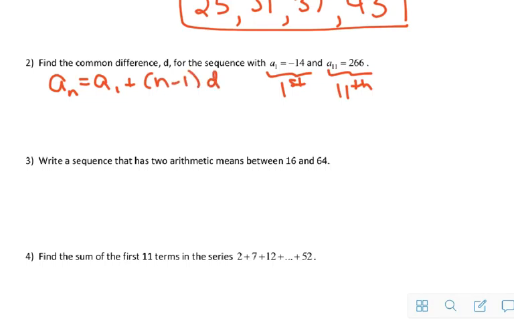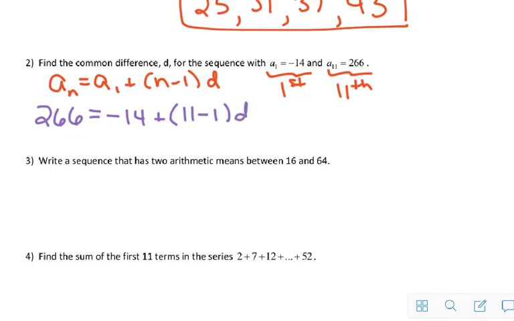I know everything to plug into this formula except for d. A sub n is going to be the furthest term, so 266 is the 11th term, so it's going to go in for a sub n. The first term is negative 14, and n is 11 because the number over here is the 11th term.